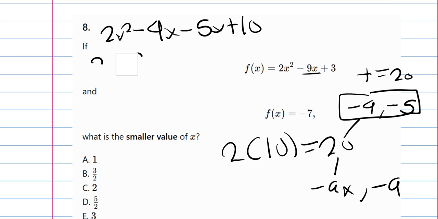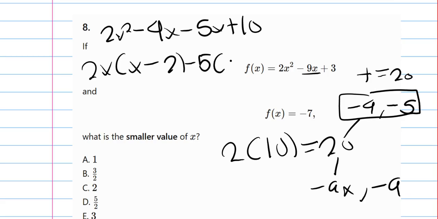It should be x minus 2, because negative and negative is equal to positive.